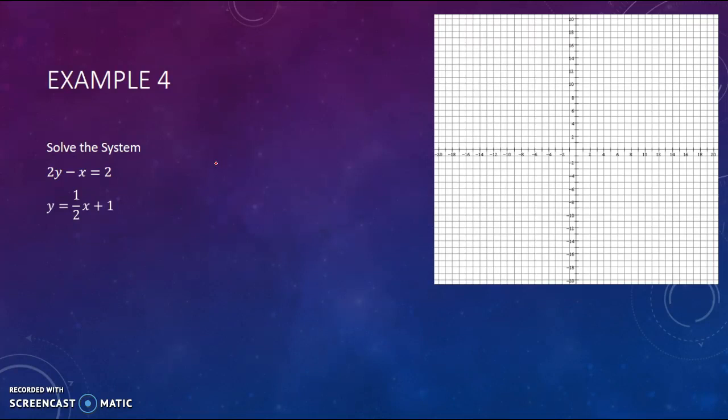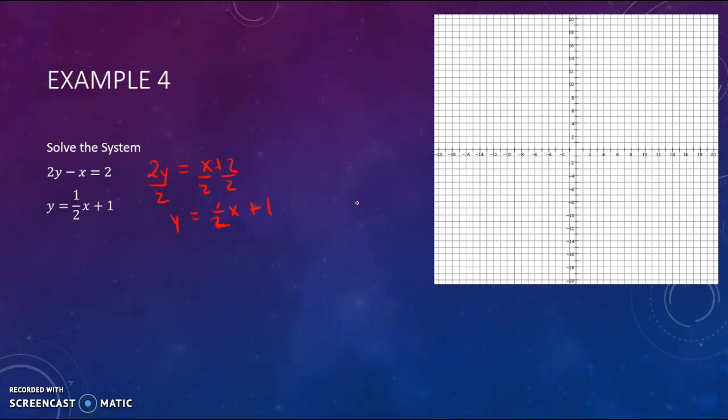Alright, so example 4, again looking at this problem, I don't have this in y equals mx plus b, so my first thought is to make it y equals mx plus b, so I'm going to add x to both sides so that I get 2y equals x plus 2, and then divide everything by 2. So now I have y equals 1/2 x plus 1.